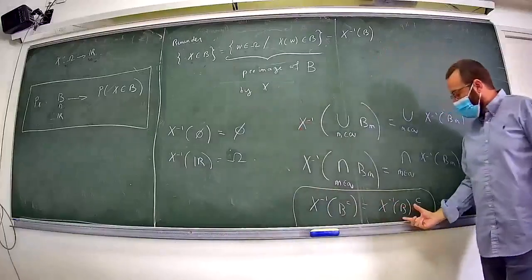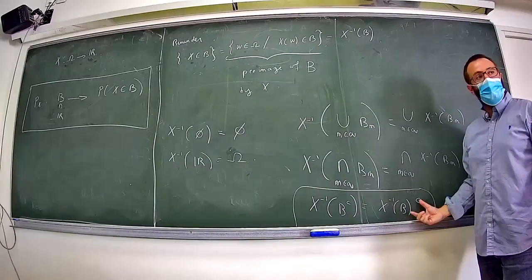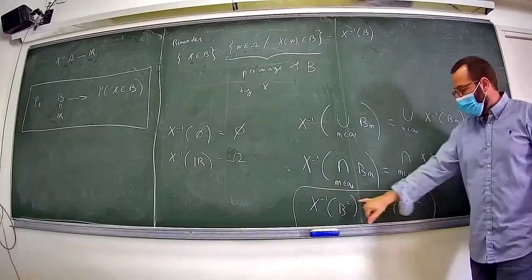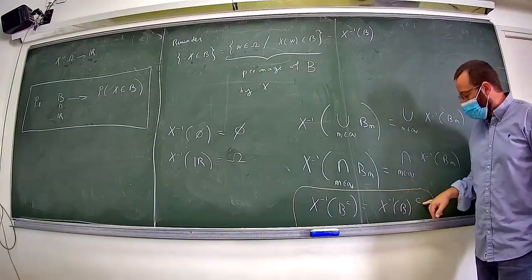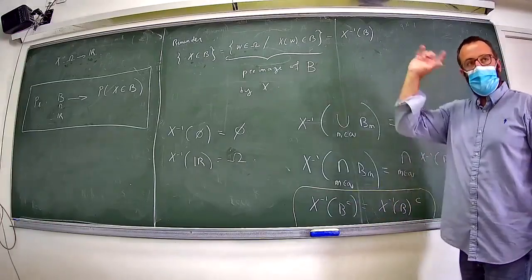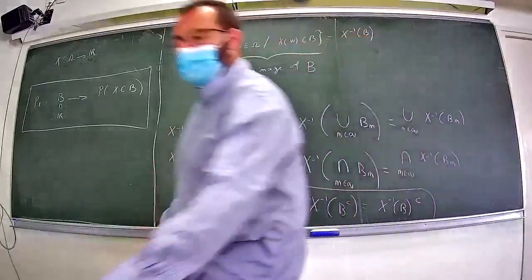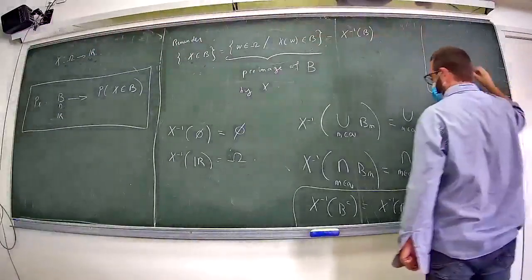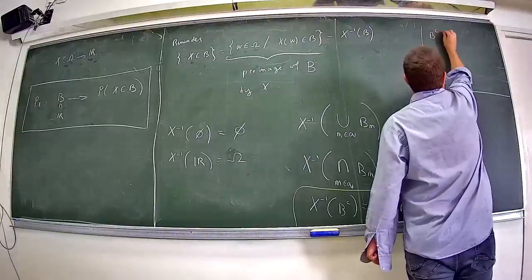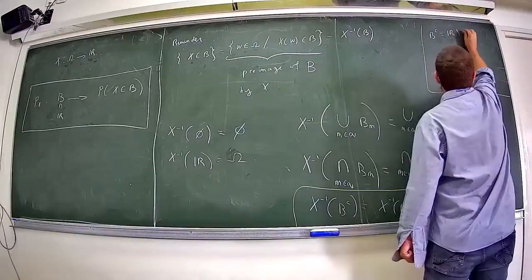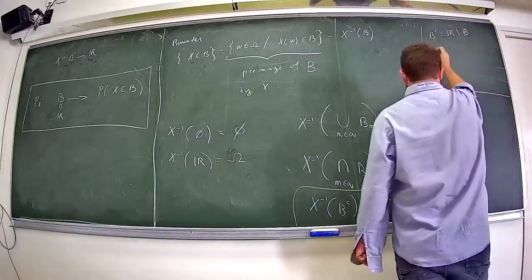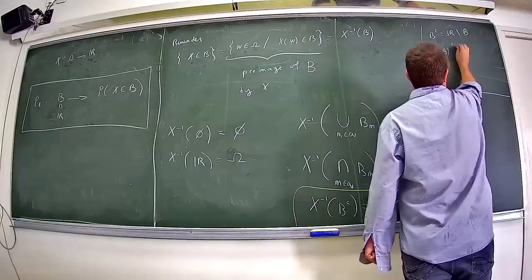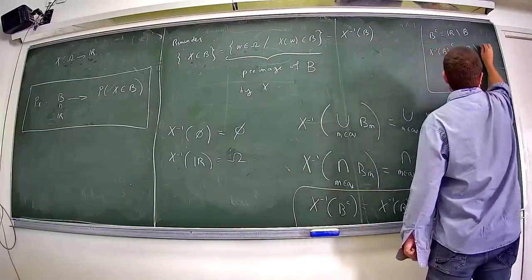So here, x minus 1 of B complementary is omega minus x minus 1 of B. So these little symbols here and here don't make reference to the same universe.